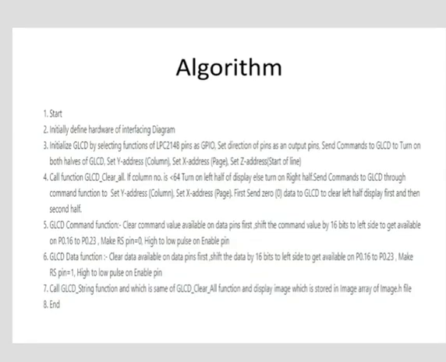Then next is to call the function GLCD clear. If the column number is less than 64, then turn on the left half of the display, else turn on the right half. Send a command to the GLCD through a command function to set the Y address, that is the column, and set the X address, page, and then first send 0 data to the GLCD to clear the left half of the display first and then the second half.